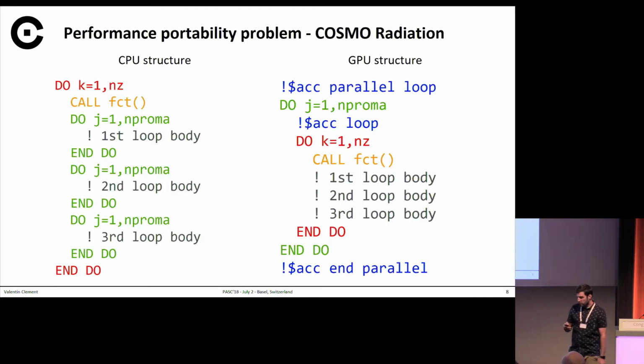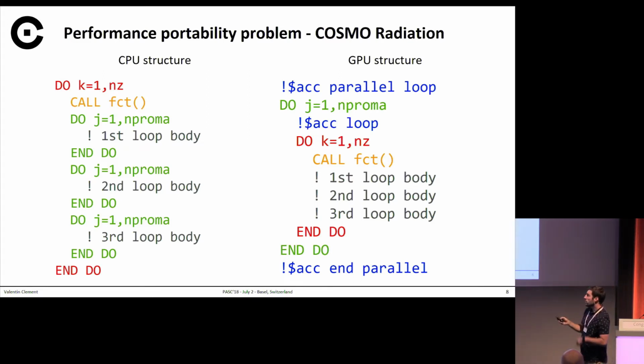If we take a brief look at the loop structure that I'm talking about, on the CPU side for a typical physical parameterization in COSMO, you will have a big loop iterating over the vertical levels, and inside several small loops iterating over the horizontal grid points. This is fine on the CPU because it helps the compiler auto-vectorize, and you have good performance.